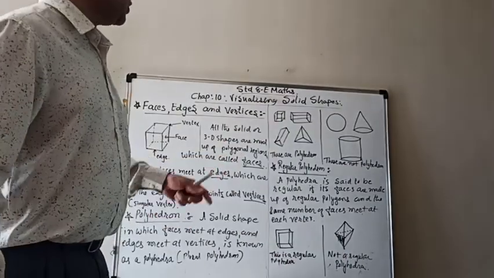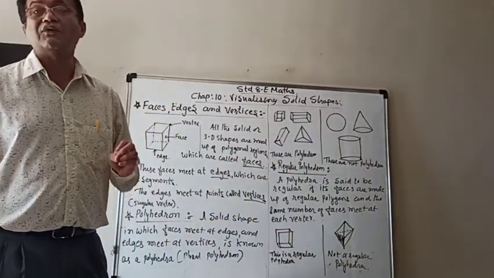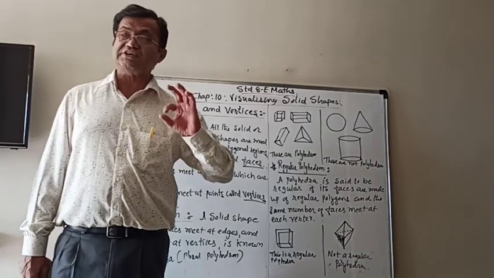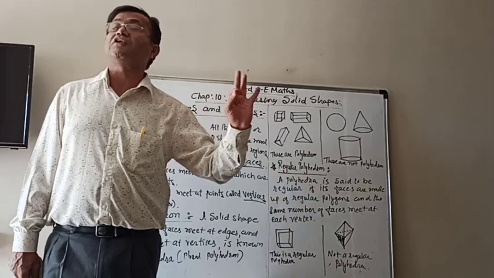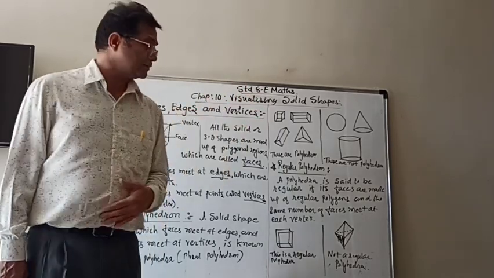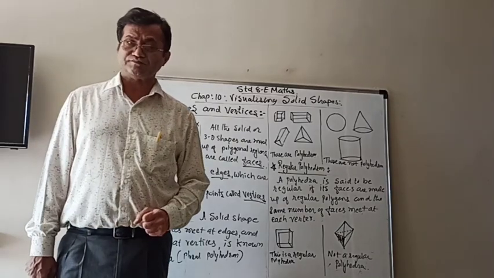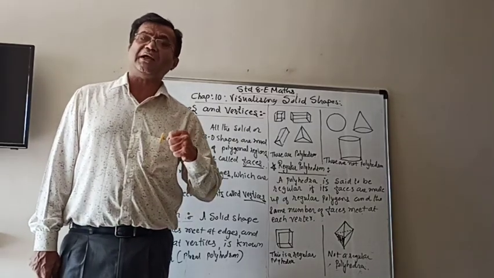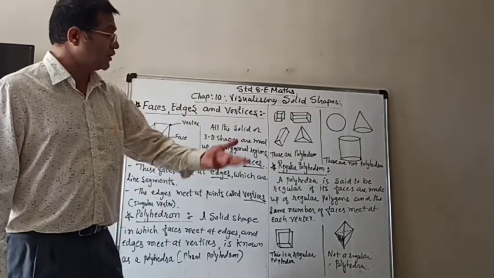We are only concentrating on polyhedra which are convex. So whenever polyhedron is written, it means only convex, no concave will be there. Now, which polyhedra are known as regular and which are not?